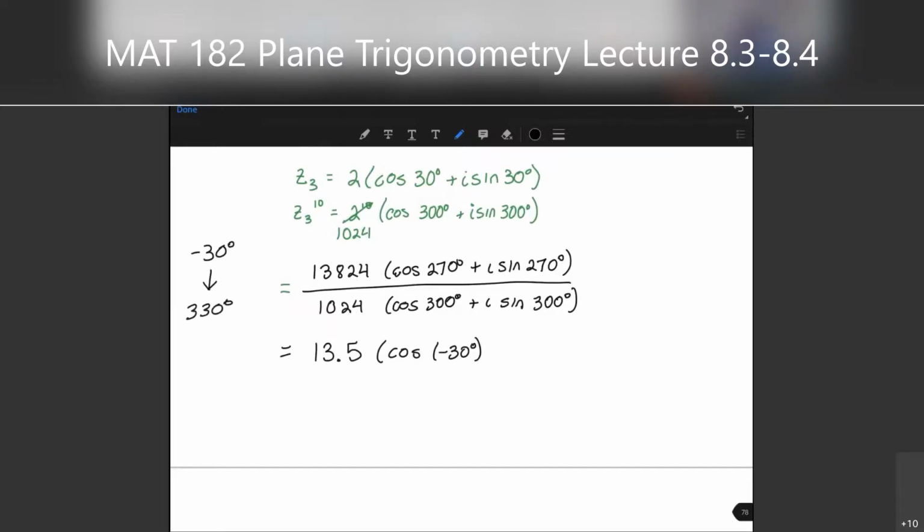So in these problems, I always want to finish with a positive angle. So let's try working with that positive angle, 330. I'm going to just change that to a 330-degree angle.